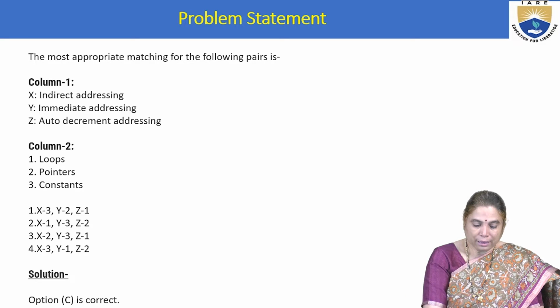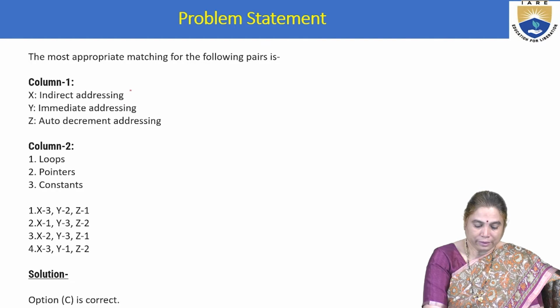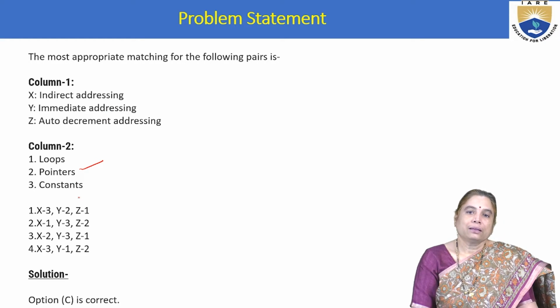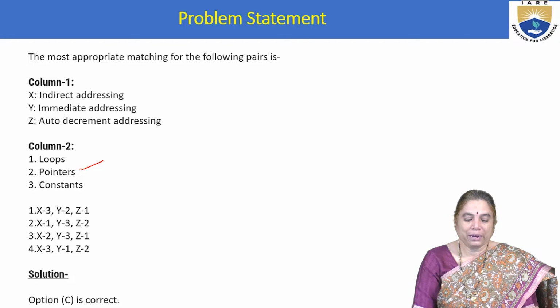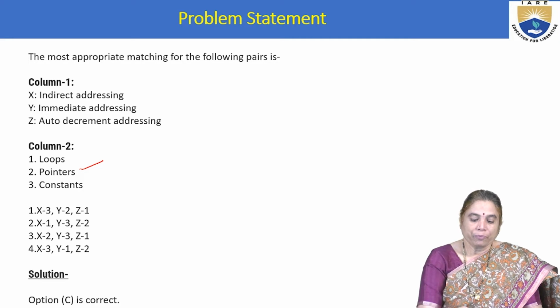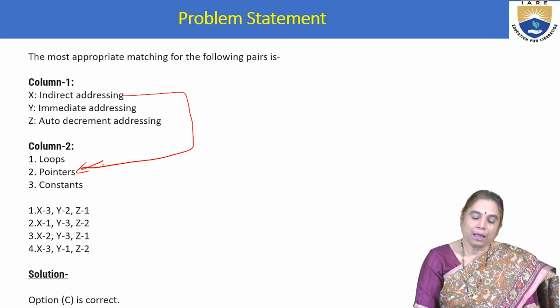For indirect addressing mode, pointers can be used. Why? Because a pointer is storing the address of another memory location. So for indirect addressing, pointers can be the appropriate matching.